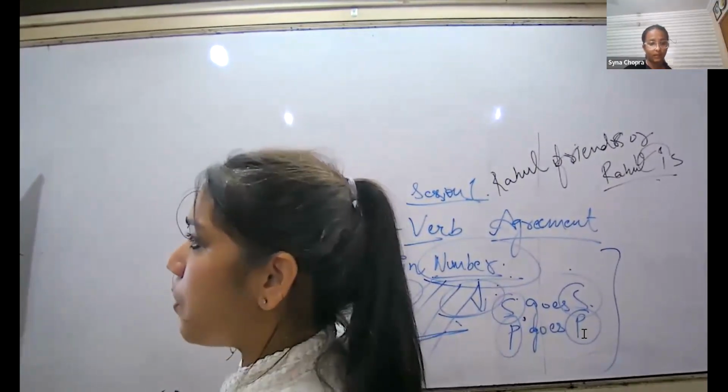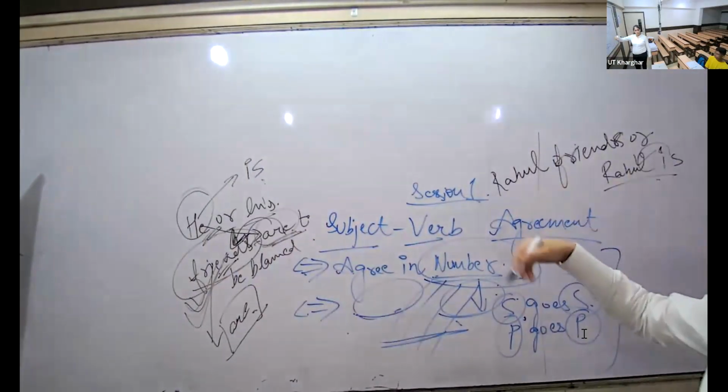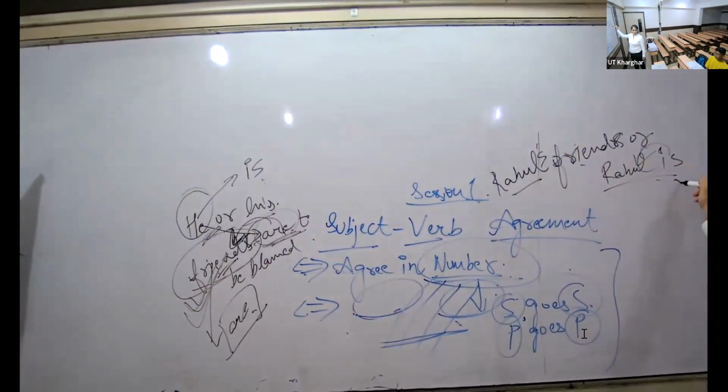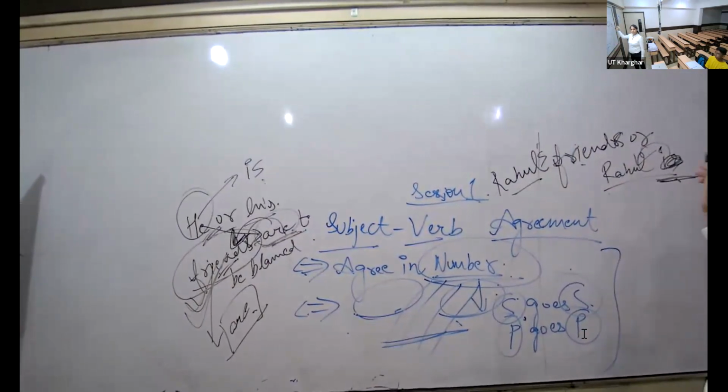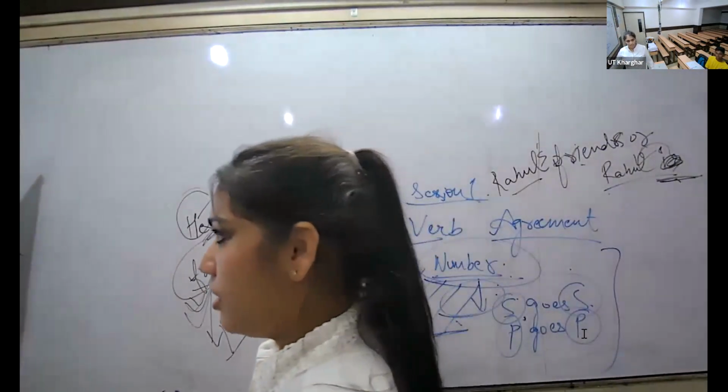The nearest one is plural, so I used "are". He said, if it's opposite, if it's Rahul's friends or Rahul, then what are we writing, "is to be blamed" or "are to be blamed"? So what do you think, Saina?